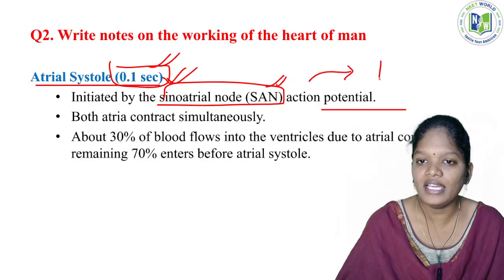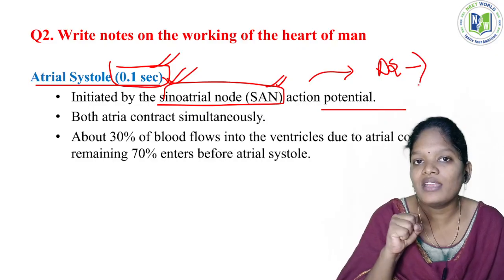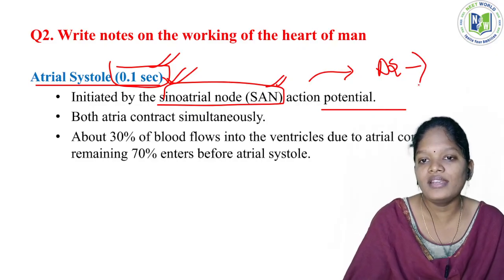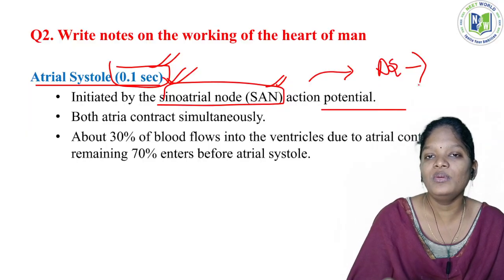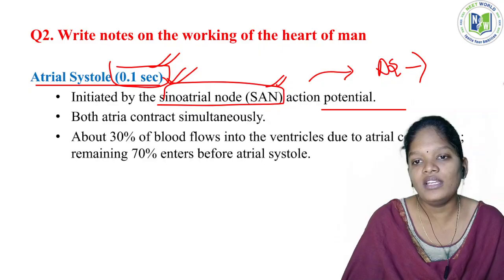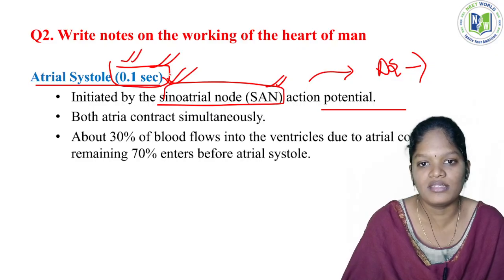This results in the atrial systole, which means the right and left atrium contract. The contraction is called an atrial systole, and its duration is 0.1 seconds.